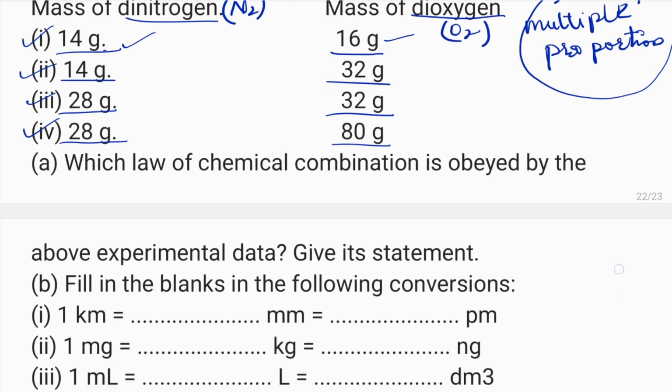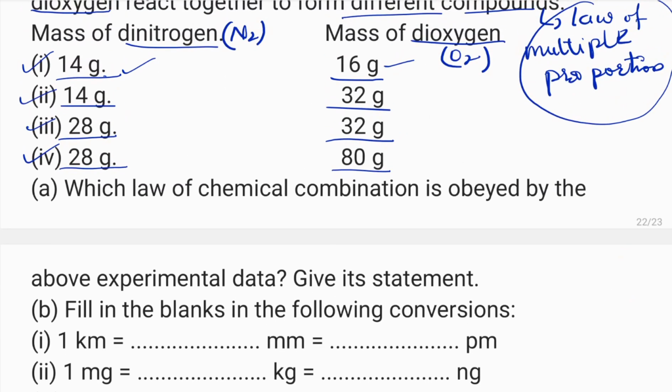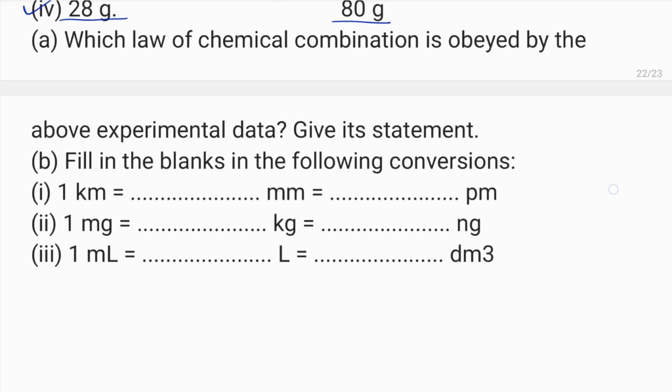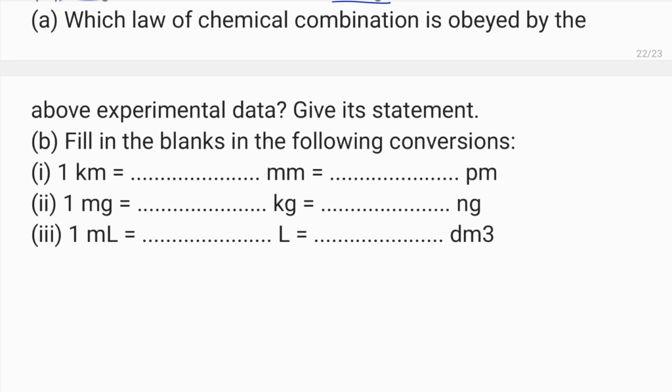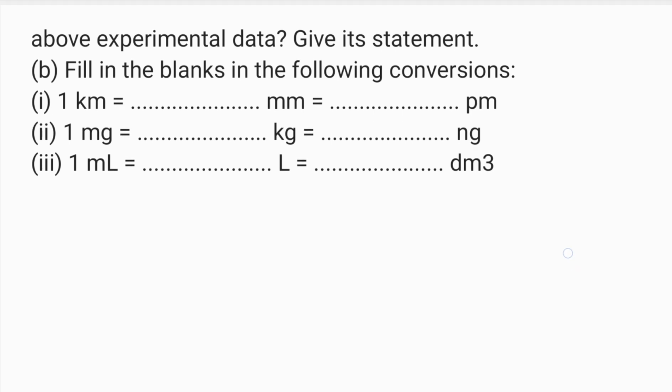In the first case there will be one ratio, in the second another, in the third another, and in the fourth another. So this is the law of chemical combination obeyed here. This was the first question.